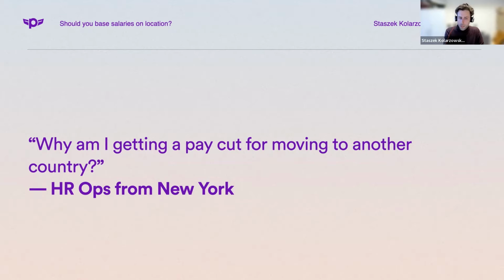Aside from that, I know a lot of companies have a policy like this, but I know a lot of companies that have actually been faced with this. They had an employee moving to a different state or a different country, and most of the people I know made an exception. Even if the policy says we're going to decrease your salary, when they actually had to do this, they made an exception because they didn't want to decrease someone's salary.